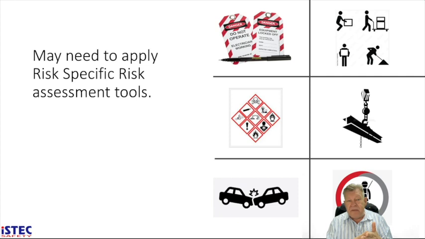Is it environmentally hazardous? Is it toxic? I also need to understand how much of that hazardous chemical I can absorb, something that we call toxicity. How toxic is this chemical?